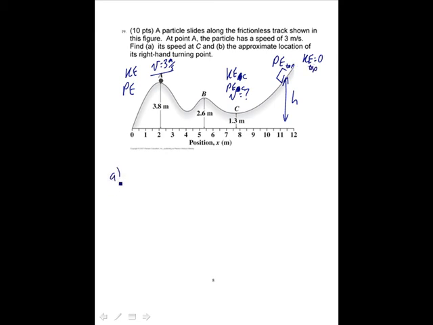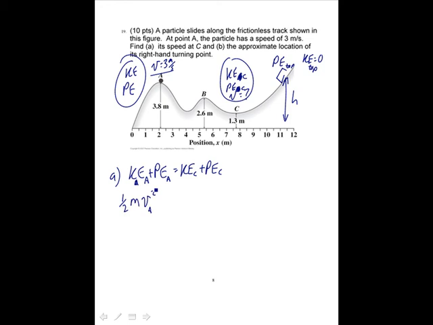Let's find, for part A, the speed at C. We take the total energy here and set it equal to the total energy at C. So KE at A plus PE at A equals KE at C plus PE at C. That is 1/2 m vA squared plus m g times the height, 3.8 meters, equals 1/2 m vC squared plus m g times 1.3 meters.